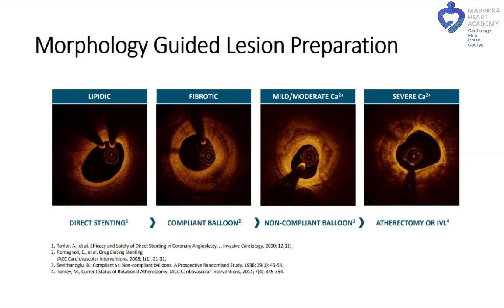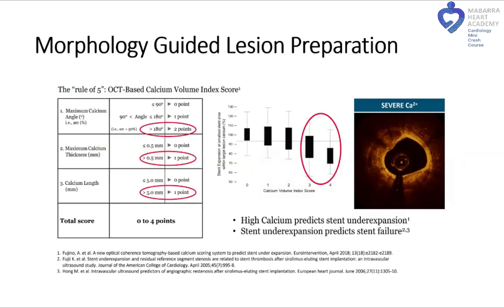If it doesn't crack, then you may need to upgrade to a cutting balloon. And if you have severe calcification, as depicted on the picture on the right-hand side, you may need to use IVL or atherectomy, either orbital or rotablation.